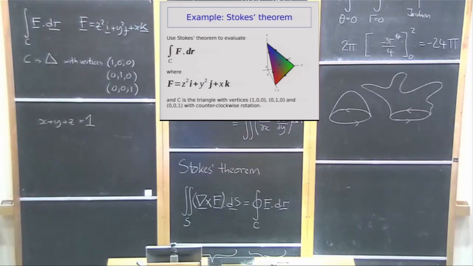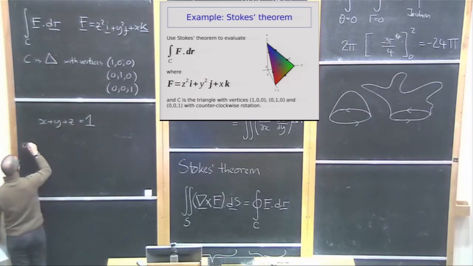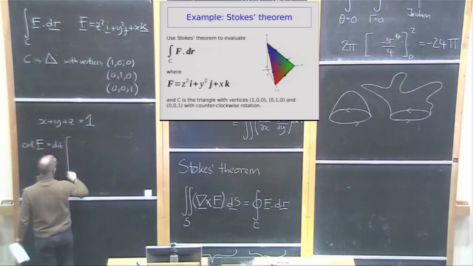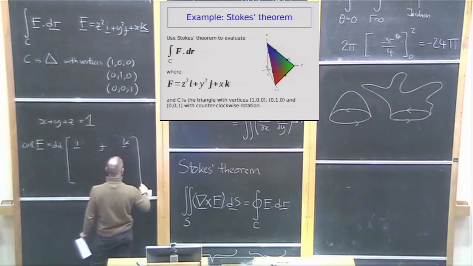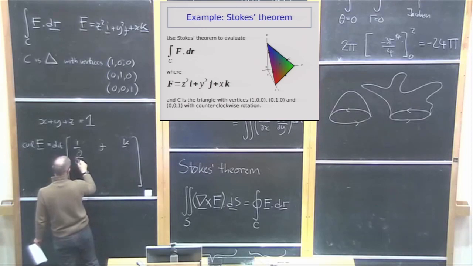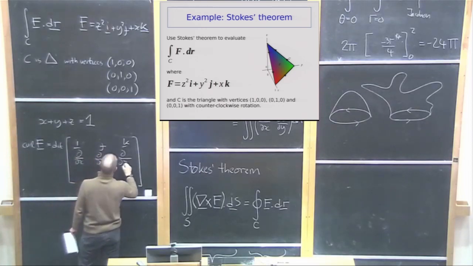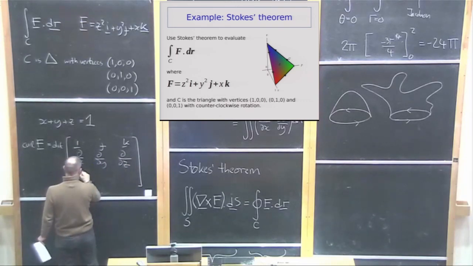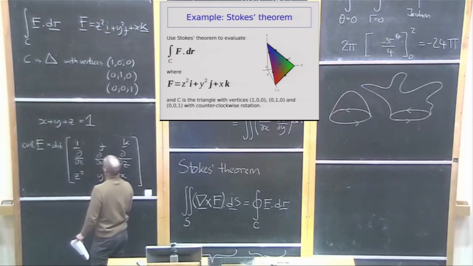Because we're using Stokes' theorem, we're going to be doing the surface integral of the curl. So we want to know what is the curl of this vector field. The curl of F is going to be the determinant of the matrix i, j, k; d by dx, d by dy, d by dz; of, what are my components? z squared, y squared, and x.